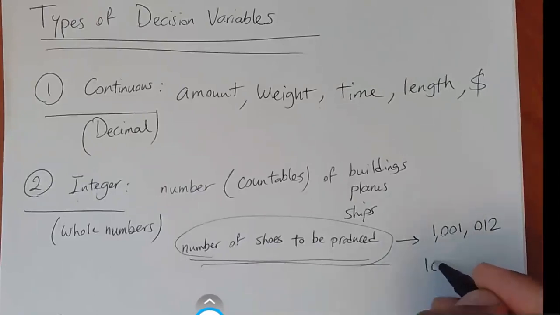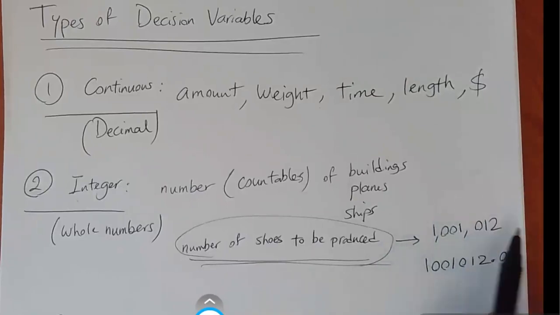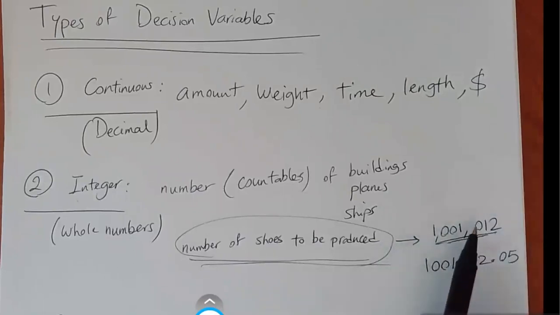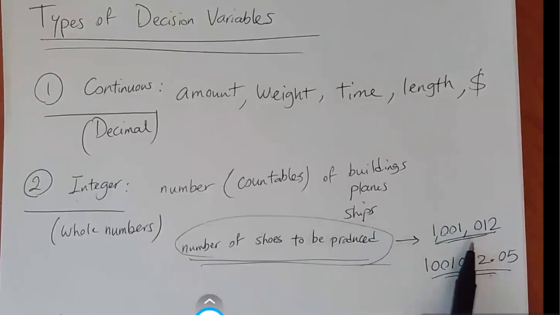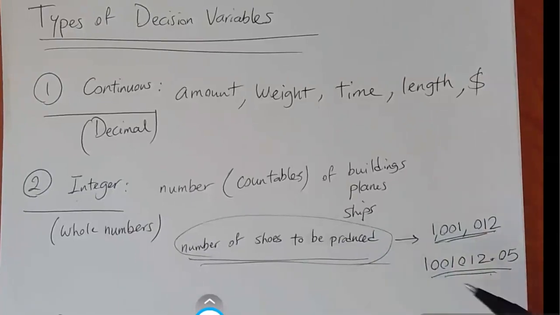Even if you get, let's say, a fractional value like 0.05 after you assume that this is continuous and solve it, you can easily round it and get the actual value. And again, it doesn't really matter if our optimal value is 1 or 2 units above or below this value.